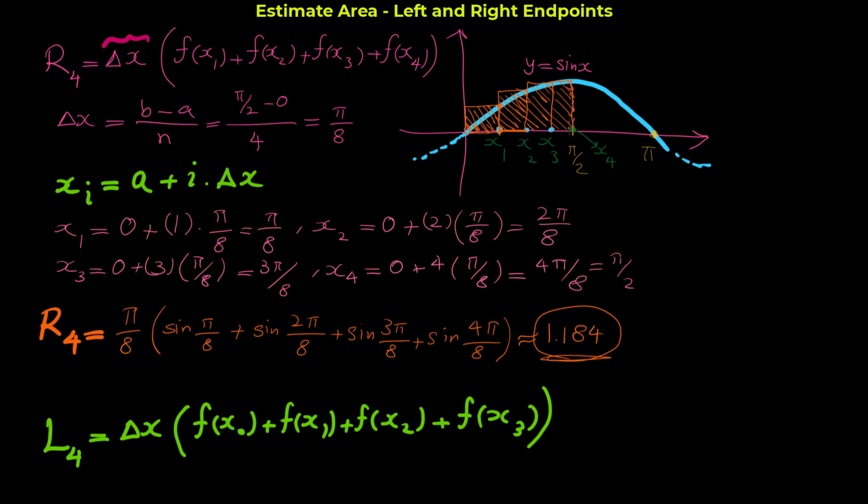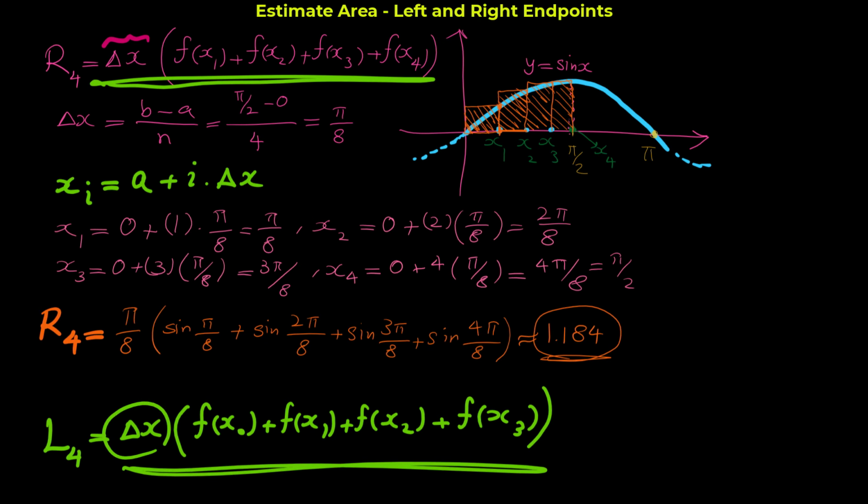If you compare this formula here with this formula, delta x is delta x. The difference is here. When we use the right endpoints, we start from x1 and we continue up to x4. So when n is 4, we start from 1 to 4.